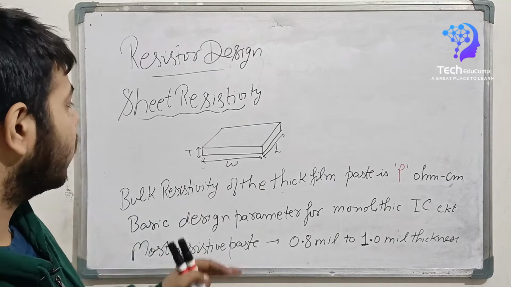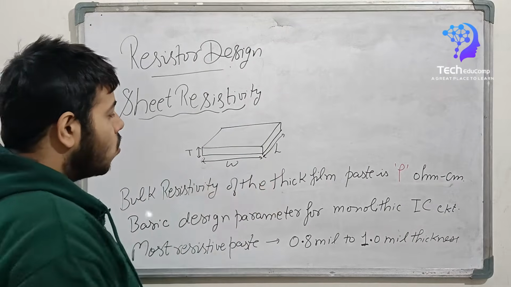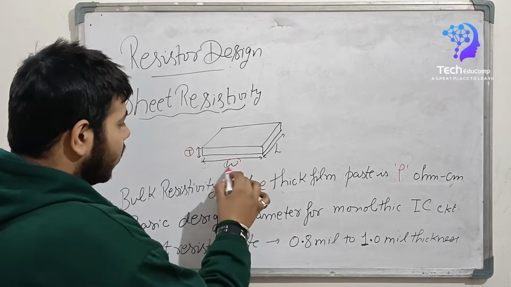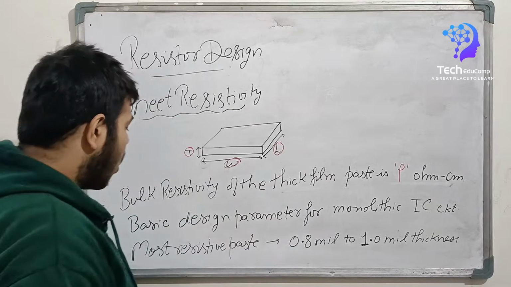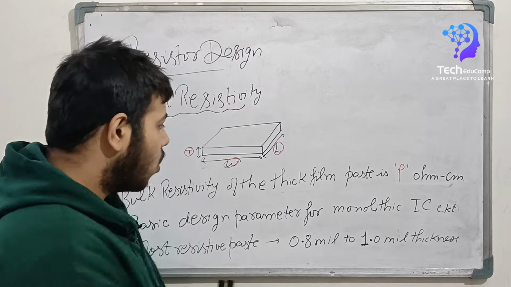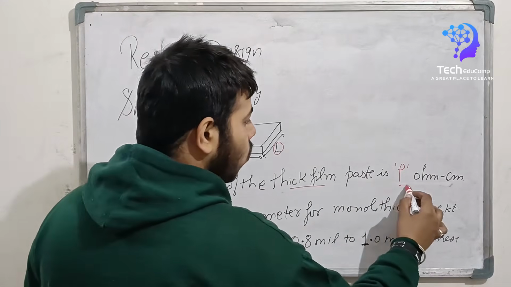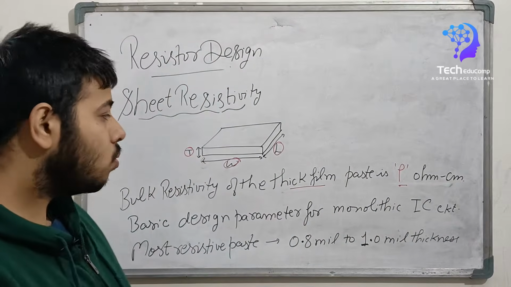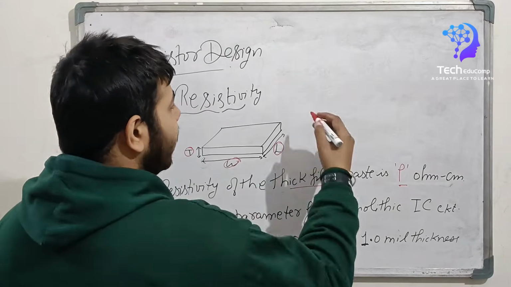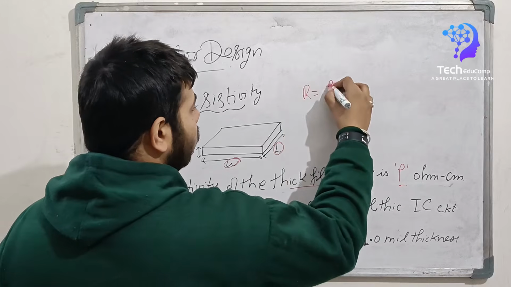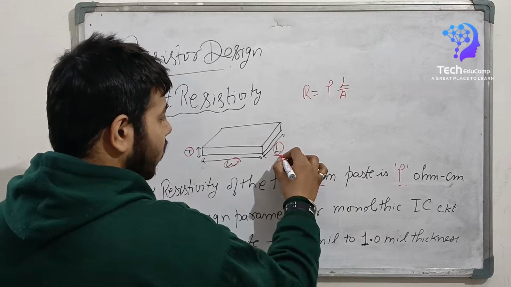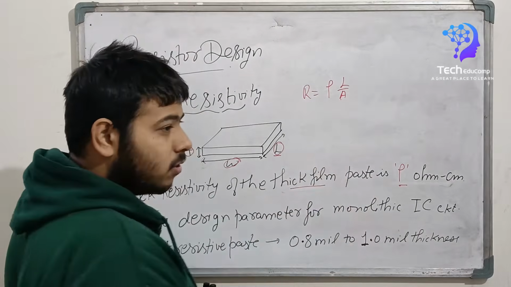Suppose we have a block with a uniform thickness T, width W and length L. The bulk resistivity, or resistivity per unit volume, of the thick film paste is rho ohm centimeter. To measure the resistance, we know that R equals rho L by A, where L is the length and A is the area of the block.